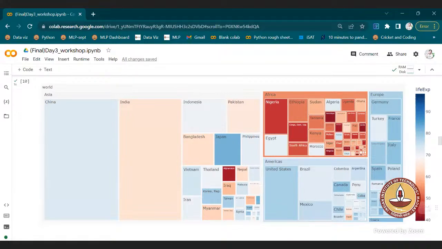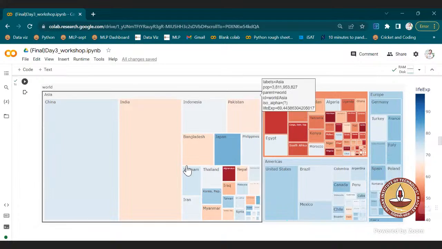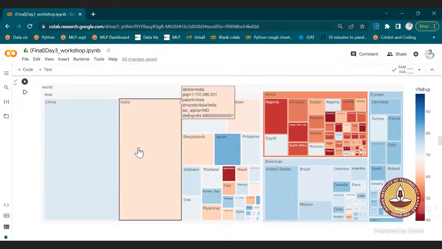Color is one dimension. Four dimensions, right? Color, shape is also there. Does shape have any effect, though? I think it represents population. Area versus shape? Okay, terrain map, I guess.